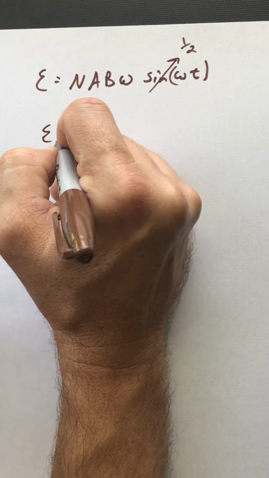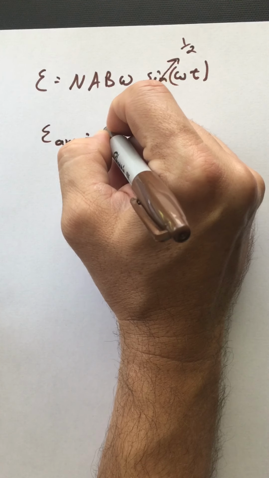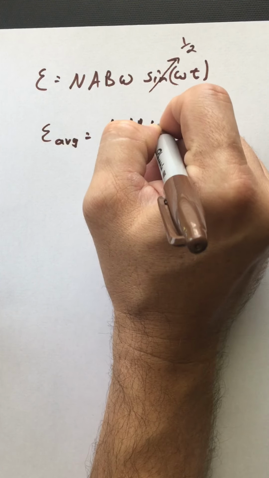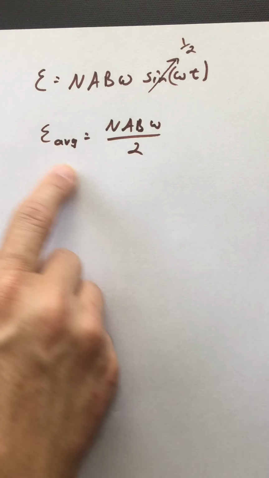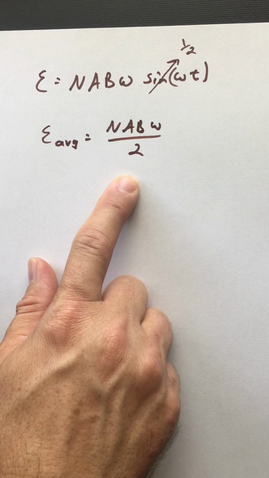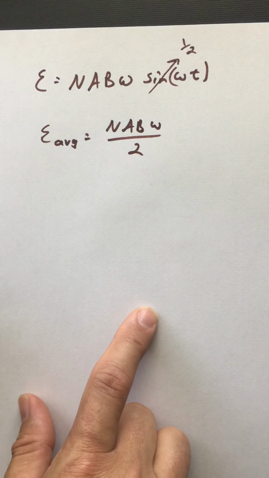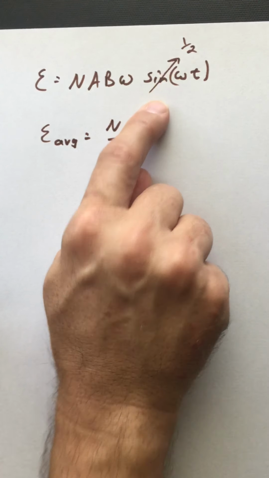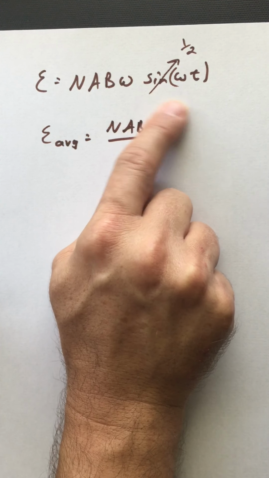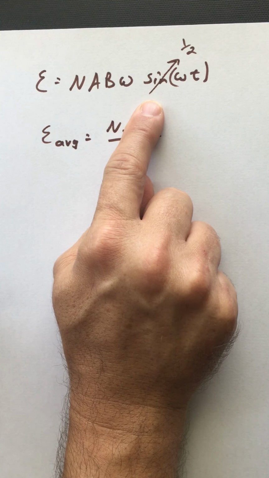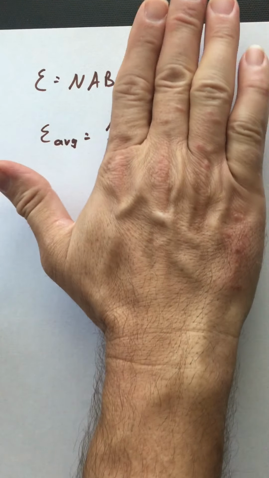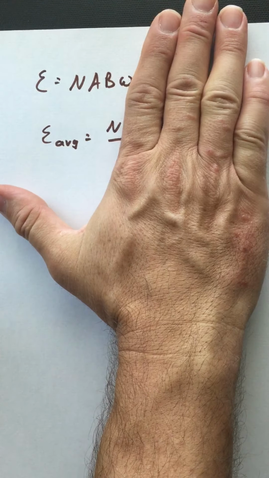So that tells me that the E average is equal to NAB omega over 2. So whichever one of those you need, you can use whichever one. Sometimes people will ask you for the peak voltage. The peak will occur when your trig function here is maximized. The maximum value of sine is going to be 1. So your peak voltage is just NAB omega. Your average will be that over 2.